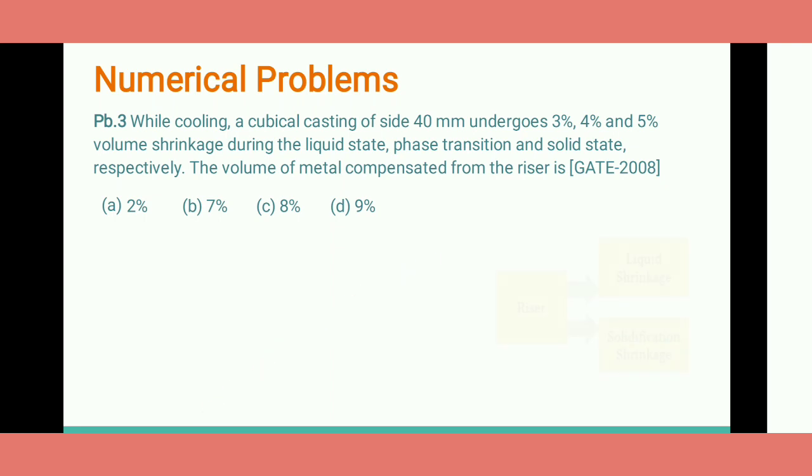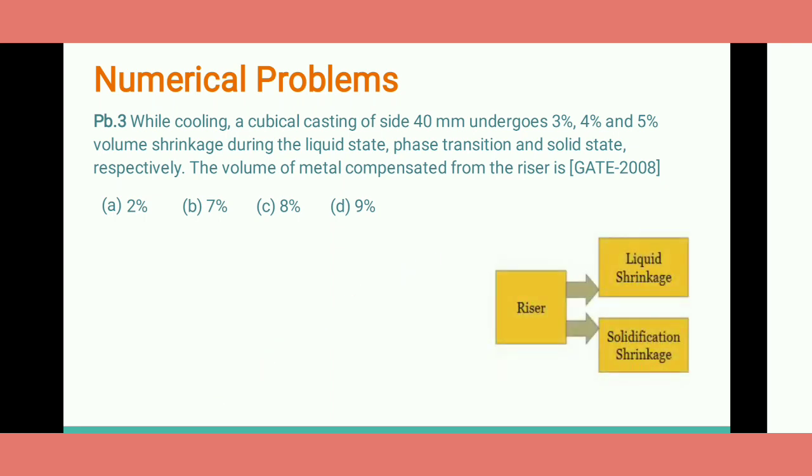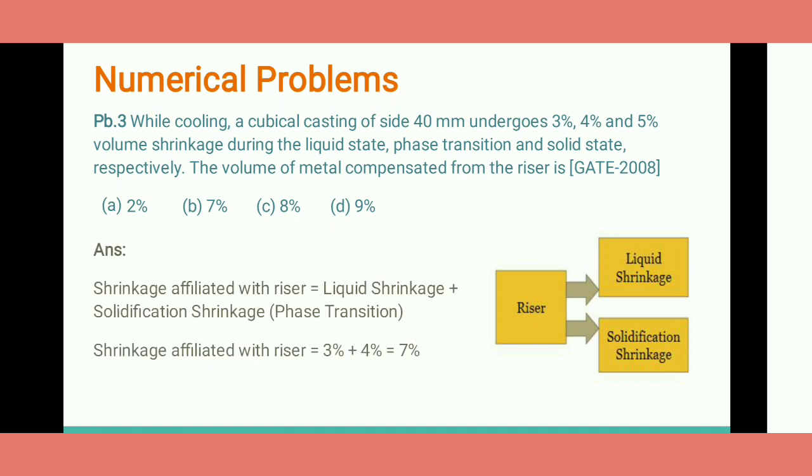We have already discussed this concept, that the riser is affiliated with the liquid shrinkage and the solidification shrinkage. So you just have to see the value of this shrinkage allowance. For the liquid it is 3%, for the solidification shrinkage it is 4%. So that is 3 plus 4, that is 7%. So the answer is B. Here it's not asking for the volume of the riser and all these things, but just how much percentage of the rate of contraction is affiliated with the riser.